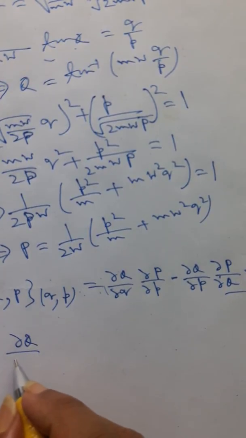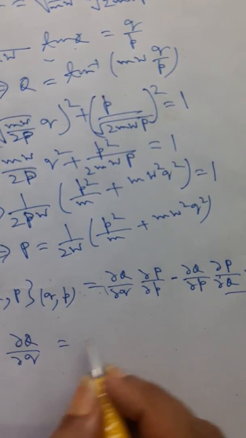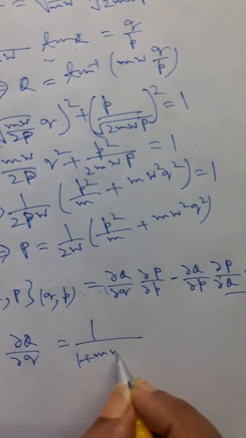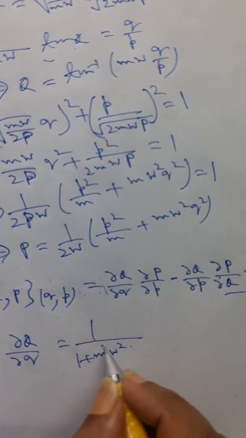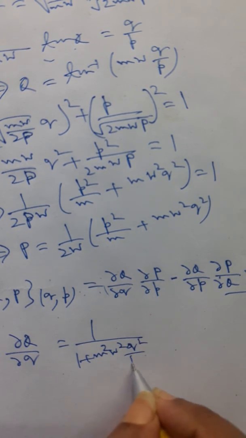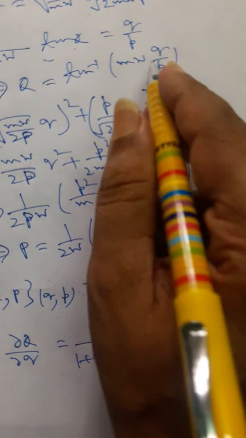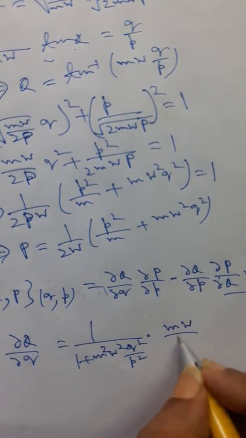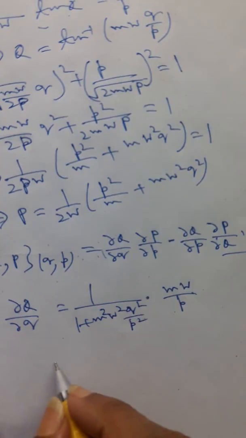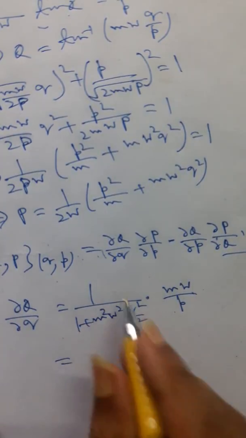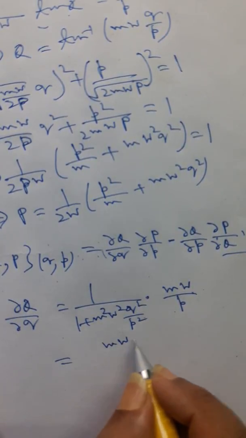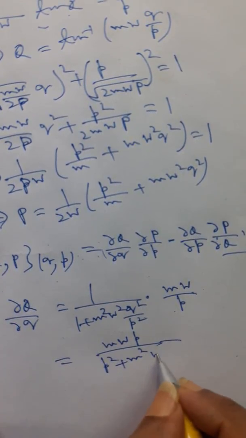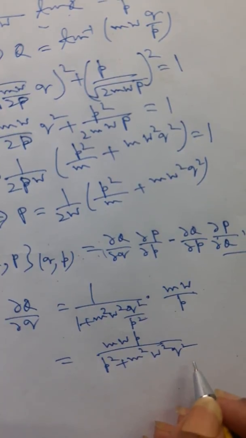So del Q del q, that means formula of tan inverse 1 by m square omega square q square by p square into derivative with respect to q, that will be m omega by p. So after simplifications, p square will be here, so m omega p by p square plus m square omega square q square.